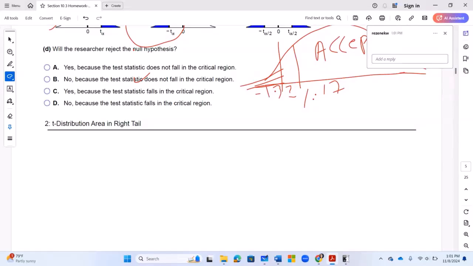Yes is never the answer, because the researcher will not reject the null anyway. The wording of the choices is not great. Anyway, the important thing is that the test statistic fell into the acceptance region.